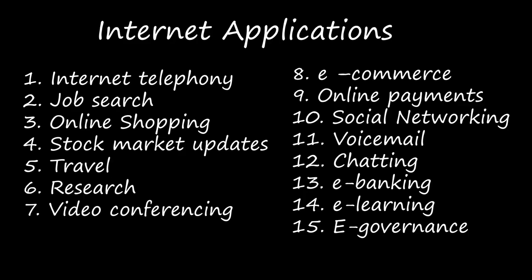And the next one is social networking. Social networking means the use of internet-based social media programs to make connections with friends or families, right? What social networking sites do you know? You will be using Instagram, Facebook. These are all social networking sites, right? Next is voicemail. Voicemail is the system of sending messages over the phone, right?